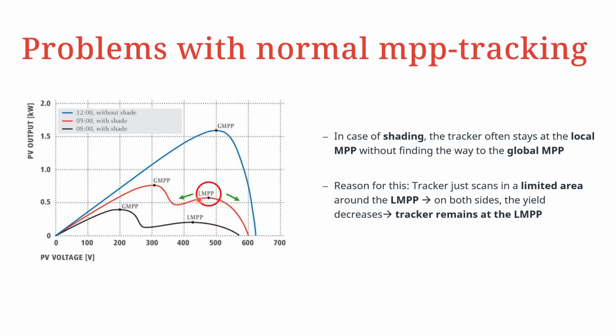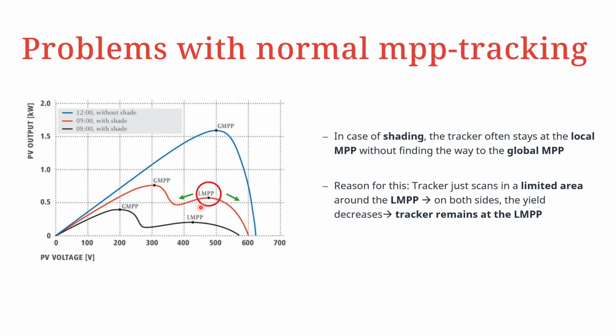As you can see on this graph to the left, we have 3 curves. One at midday, the blue one without any shade, and then you have another one at 9 in the morning with a bit of shading, and also one at around 8 a.m. with also a bit of shading. So for the ones that are shaded, we have 2 possible operating points, which we refer to as the local maximum power point and the global maximum power point.